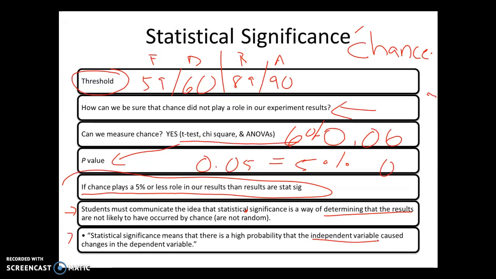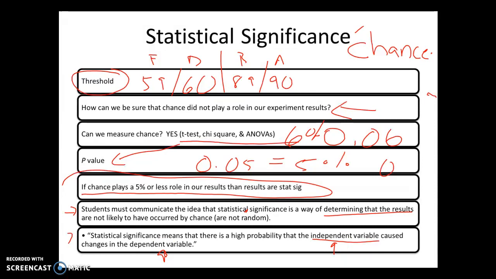Now, when you're answering a question like an FRQ, because you're likely to see statistical significance either in a multiple choice or a free response, it's appeared in both, you would probably have to be more specific. What I mean by more specific is if the experiment in the FRQ gives you what the independent variable is, you might want to put the specific independent variable down and the specific dependent variable down, okay?